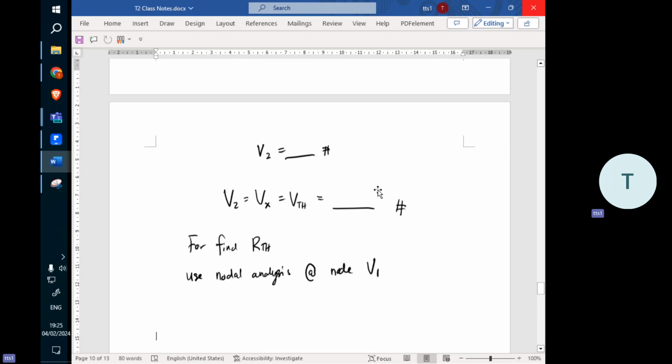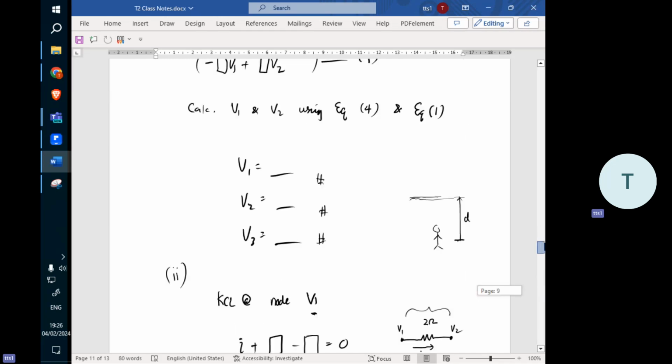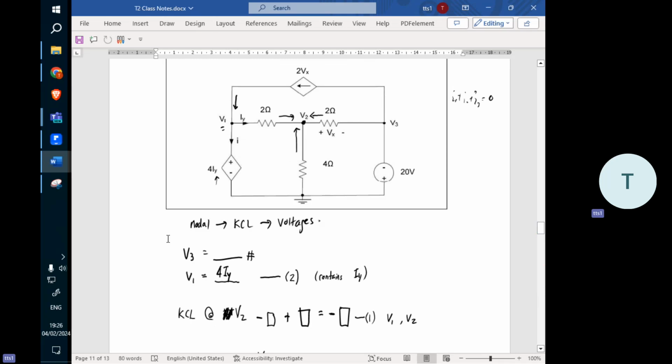I give you the step already. The equation looks like this: something minus something minus something minus something equal to 0, because this is KCL, right? Remember, I gave you some background information. Nodal is using KCL to find voltages.